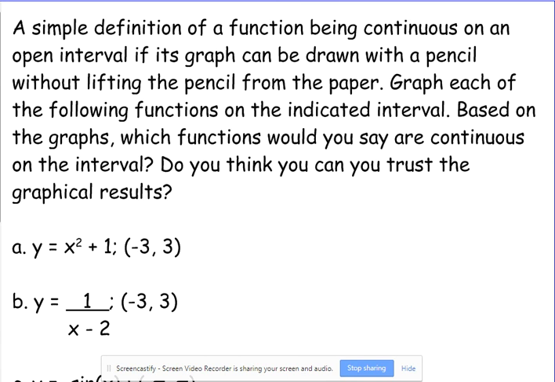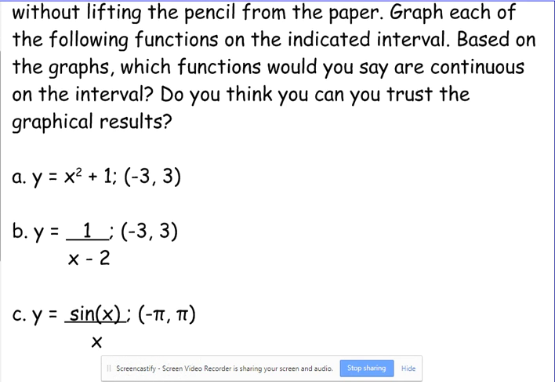The simple definition of a function being continuous on an open interval is if its graph can be drawn without lifting the pencil from the paper. So I'm going to give you a minute, and I want you to graph each of the following functions on the interval.